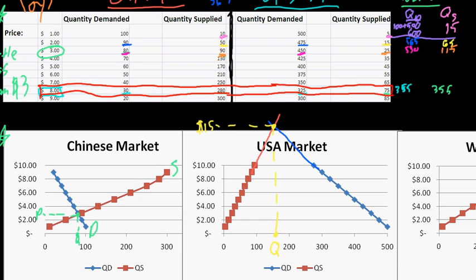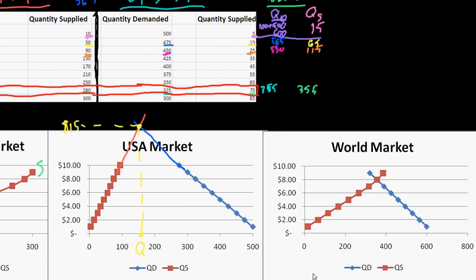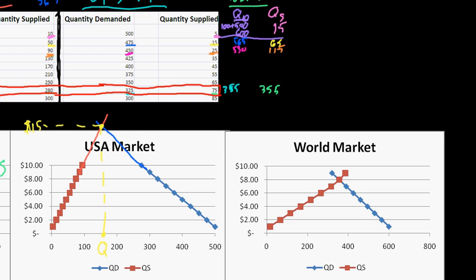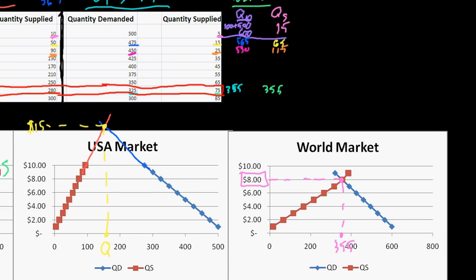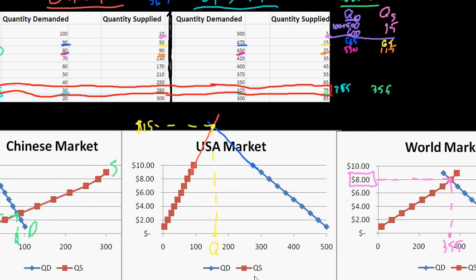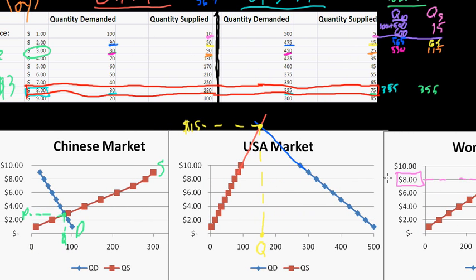We can go and see that in the world market, we have an equilibrium at a price of $8, and that just gets us to this $8 right here, and a quantity of 355. Now, if we go over to the other two graphs, the American market, we get this point here and this point here.